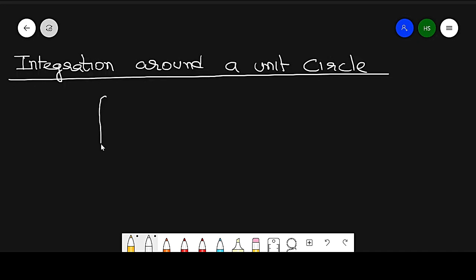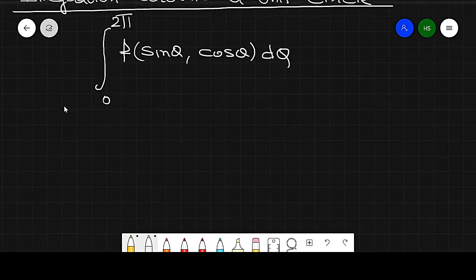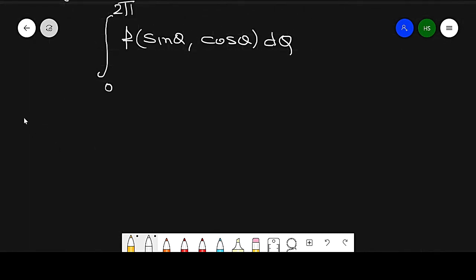Given is the integration from 0 to 2 pi of a function f of sine theta, cos theta into d theta. What will we do to solve this integration? We will take z equal to e raised to power iota theta because it is a unit circle, so modulus of z equals 1.